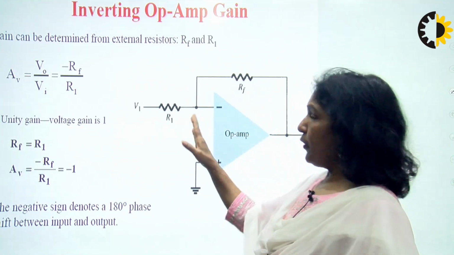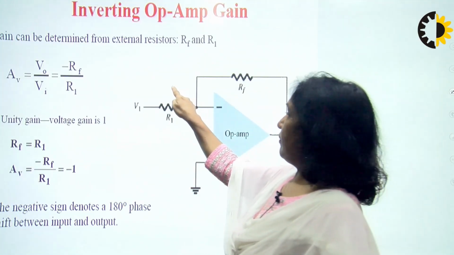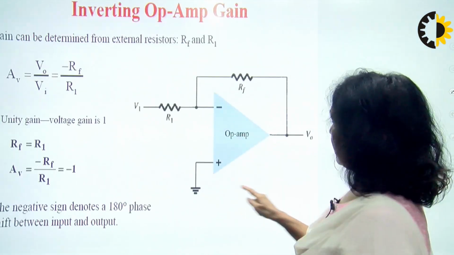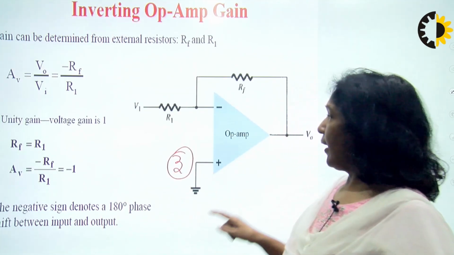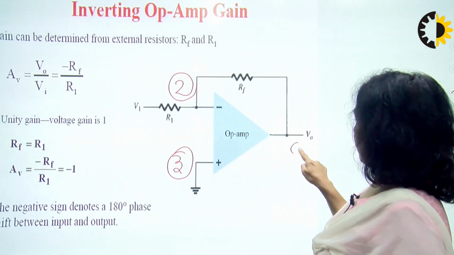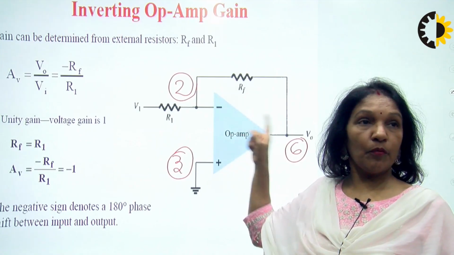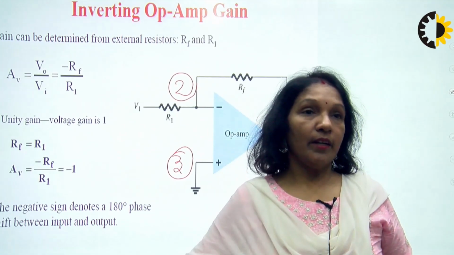Whenever you apply any signal to pin number 2, that is the inverting terminal, and the non-inverting terminal, pin number 3, is at ground, and we take the output at pin number 6, and the feedback path is provided, then such a circuit is termed the inverting amplifier.